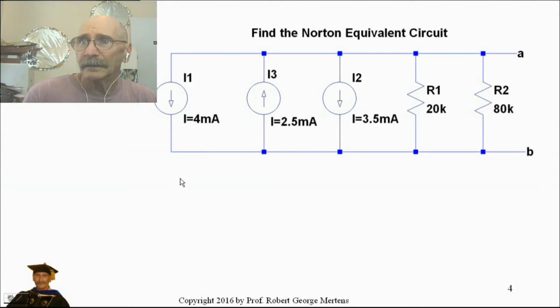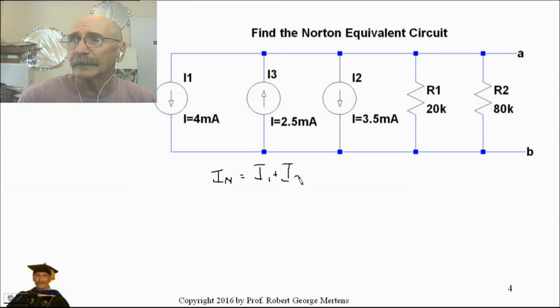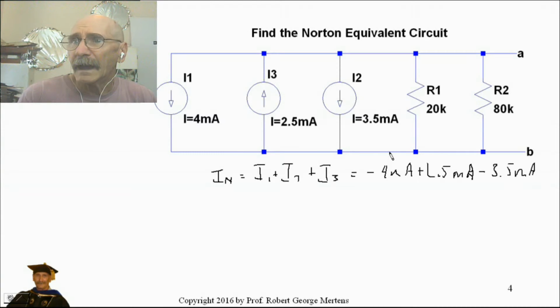So the total current, the Norton current, is going to be I1 plus I2 plus I3, which is just going to be minus 4 milliamps plus 2.5 milliamps minus 3.5 milliamps, and that gives us a total of minus 5 milliamps. I think I'm going back to doing this on paper.